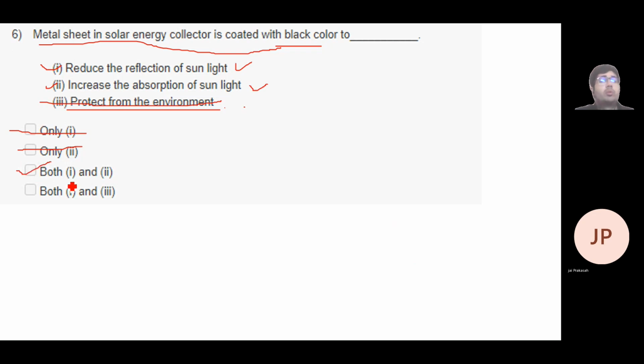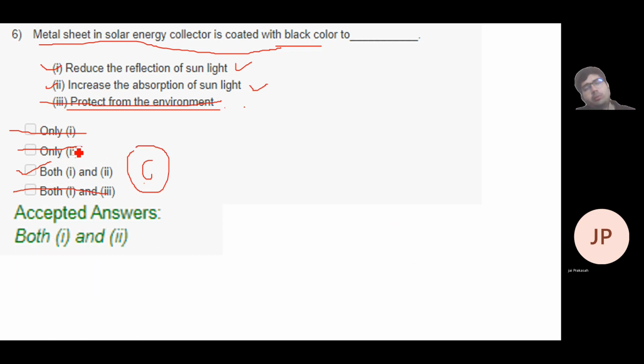Now 1 and 3, because 3 is not correct, this is also wrong. So the correct option is option C, both 1 and 2. Because a metal sheet in a solar energy collector is coated with black color to reduce the reflection of sunlight, so it will absorb more and more sunlight, and increase the absorption of sunlight.